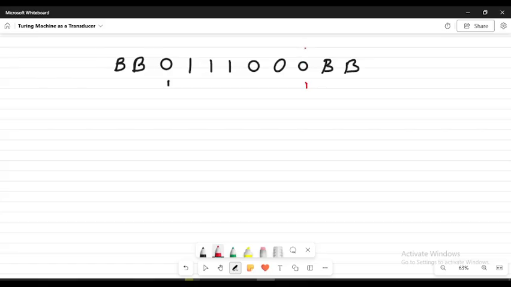After pointing to the LSB, you have to traverse the read-write head to the first one. Whenever you find the first one, keep that first one as it is, and after that whatever you see, you have to perform a 1's complement of it.